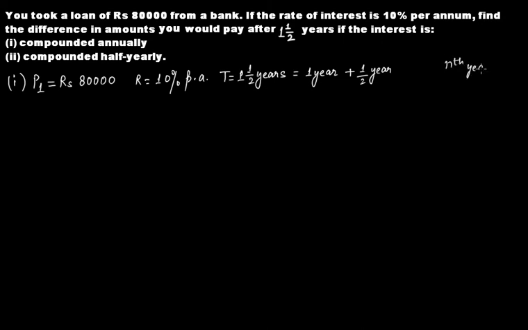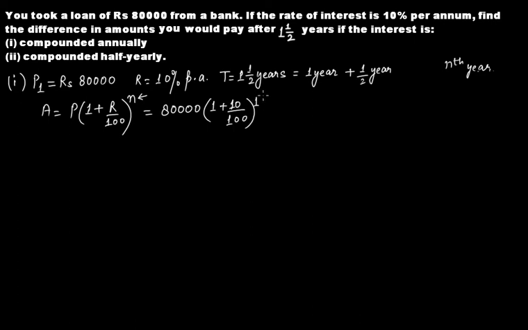Now, if you have to tell the final amount at the end of the nth year, we know a formula for this: total amount is equal to principal within the bracket 1 plus r by 100 raised to the power of n, where n is the time period in years. In this case, if you put in all these values, that is 80,000, 1 plus r is 10%, and n here is 1.5 years.